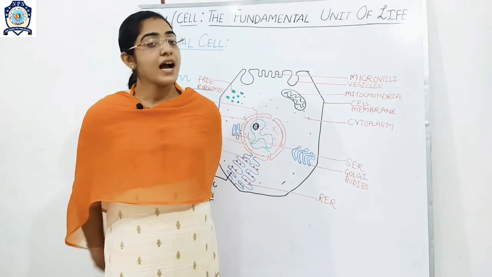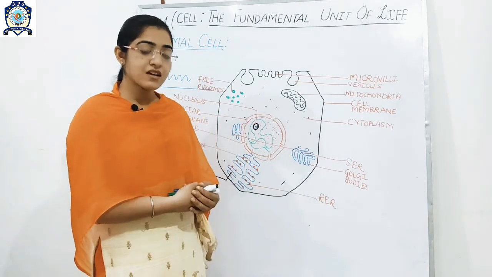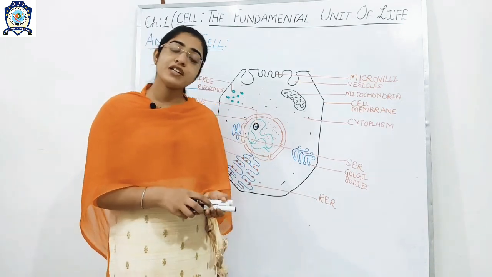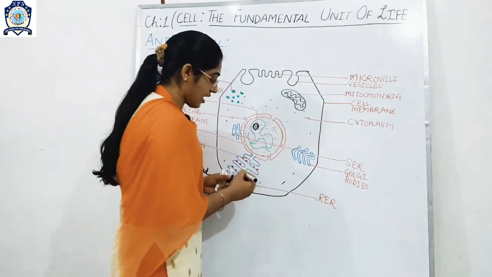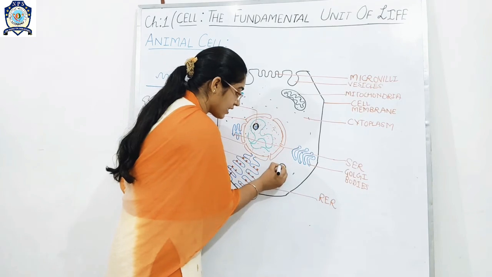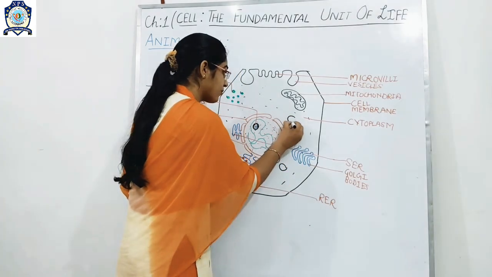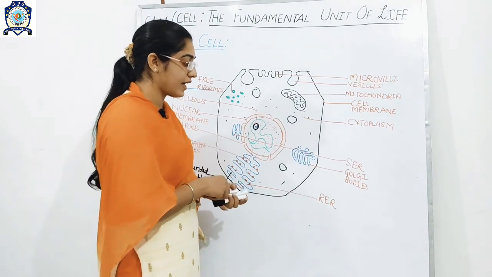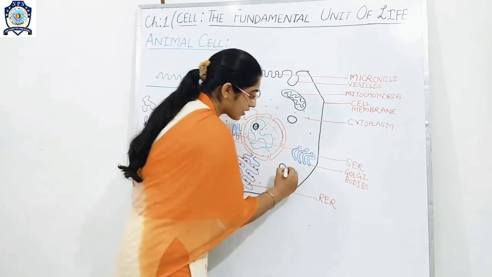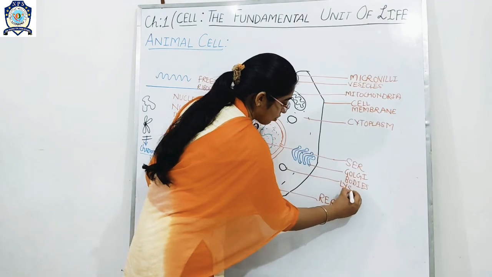Is it okay? And what is the function of Golgi bodies? From the Golgi bodies, lysosomes arise. These are the circular bodies, and these circular particles are known as the lysosomes.